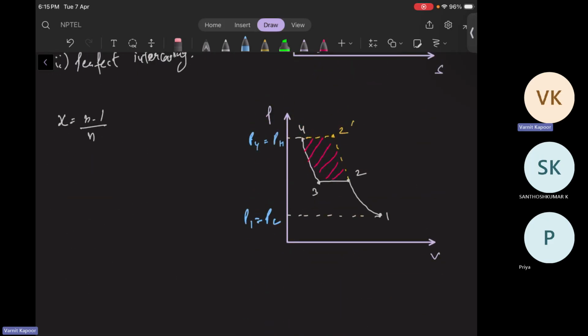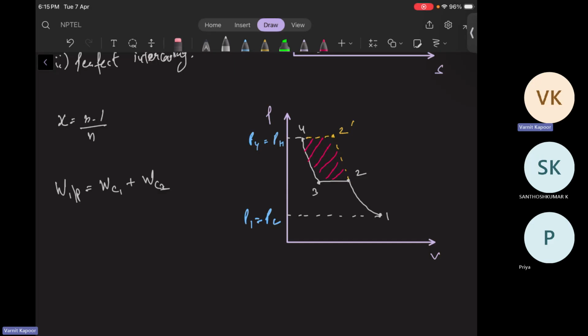So there are two compressors right now, compressor 1 and compressor 2. Net work input will be work done by compressor 1 plus work done by compressor 2. And we have seen what is the work done by a compressor, with a clearance volume or without a clearance volume. We have derived it in the previous tutorial.